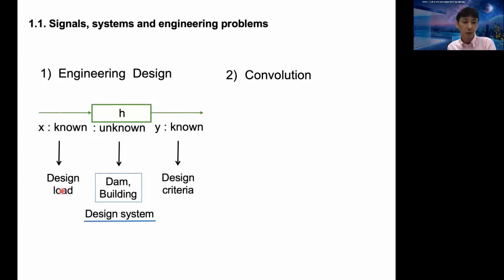That will be the design load. The dam building that we want to design is going to be the system. And here the design criteria will be, if it's a dam, then it should not crack or slide. So that's the design criteria. So we can iterate the system design to satisfy the criteria.